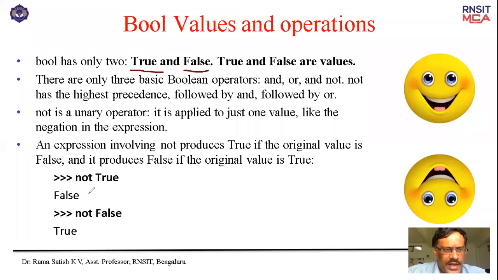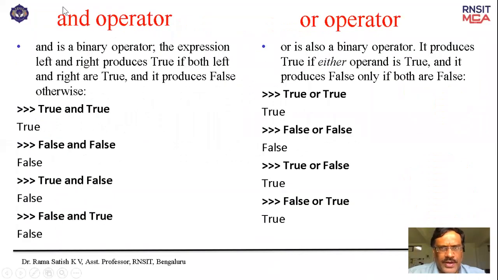You can apply the not operation to the Boolean value true and it will give you the negation, that is false. The same way, if you apply the not operation to false, you get true. So that is pretty common, and the not operator is a Boolean unary operator that you can certainly use. Similarly, you can also use the AND operator and the OR operator.